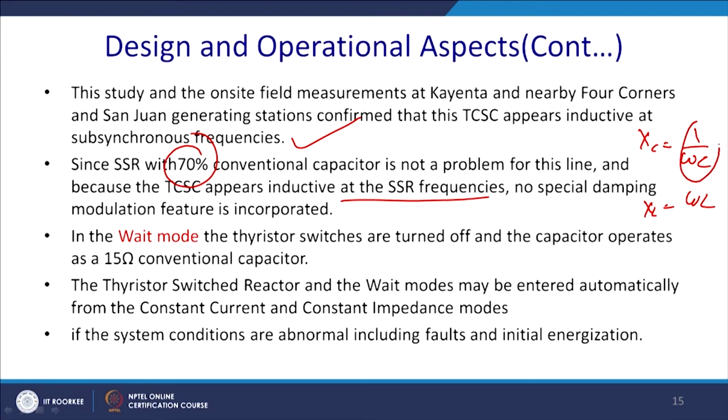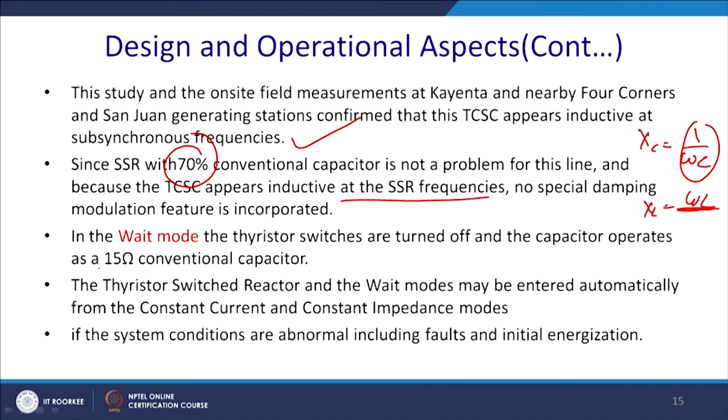This value is increased and this value is decreased. So, essentially at a lower frequency, the 70% series capacitors will offer huge impedance, and it will not have much problem in the line, right.